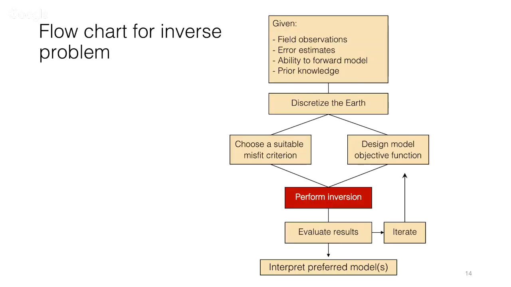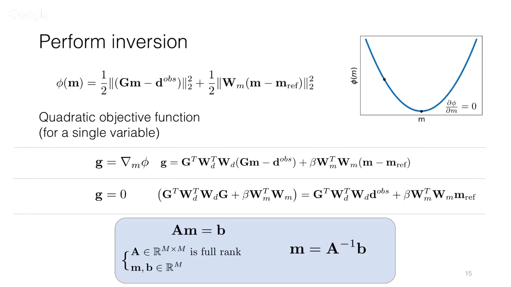Now we'll perform the inversion. We've got our misfit, and we've got our model objective function. Let's just use smallest at this point. We can combine everything, and that objective function is quadratic.